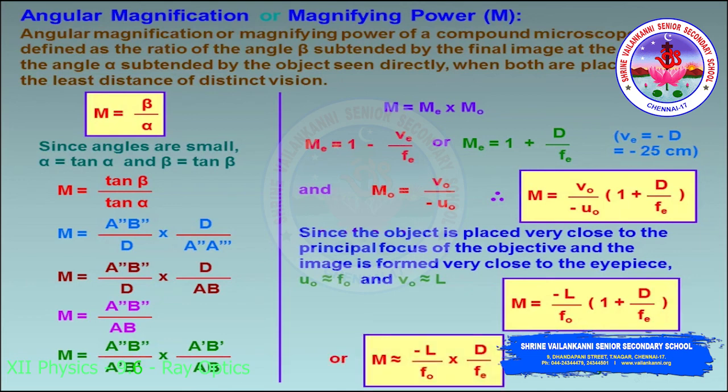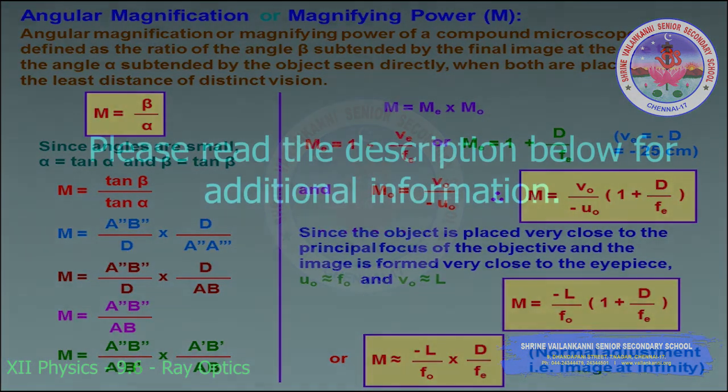This is for the normal adjustment, or image at infinity, which we have seen elaborately with the help of the diagram: M is equal to minus L by F0 into D by Fe. So from this we get that the magnifying power of the compound microscope is larger when both F0 and FE are small. Thank you, students.